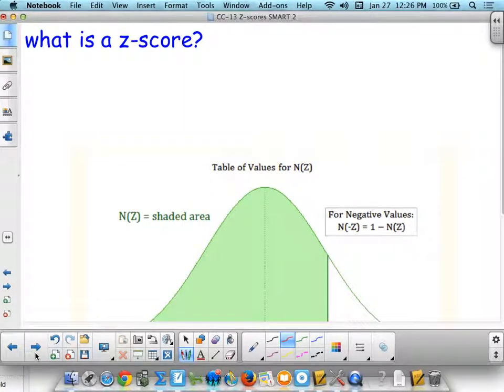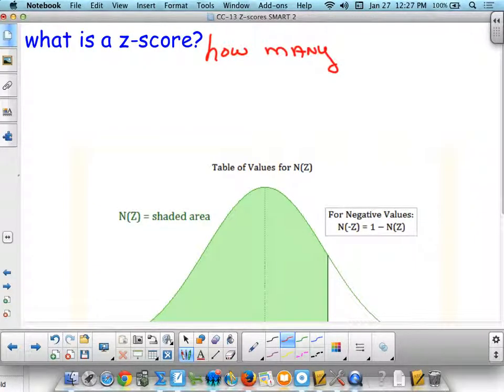Okay, so what is a z-score? Tate, you probably already know because I've already explained it to you. Here's what I wrote. You can write it in your own words if you don't like my definition.